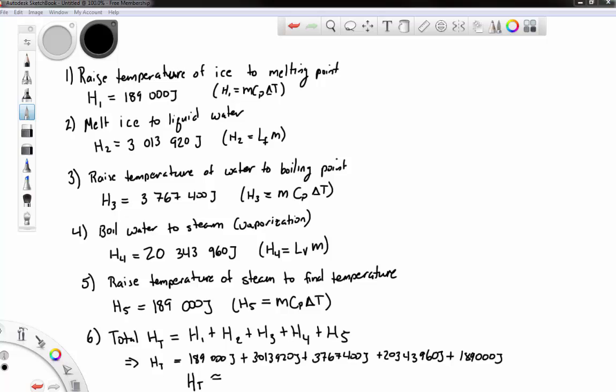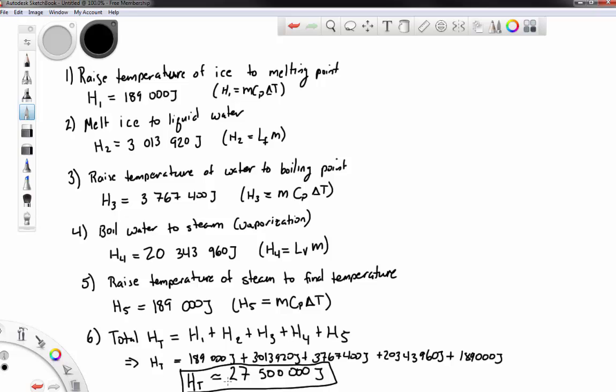Since we only have so many significant figures to work with, actually we started with 4 significant figures, we should probably round this off to 4 significant figures. And that makes it 27,500,000. And so that's the total energy needed to bring this process to completion from initial temperature of ice to final temperature of steam.